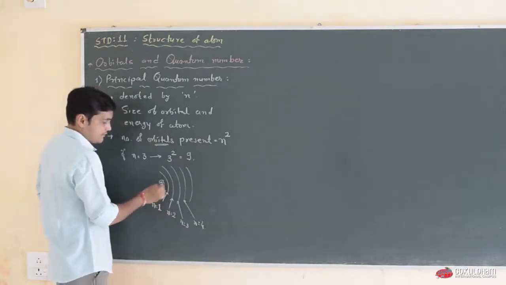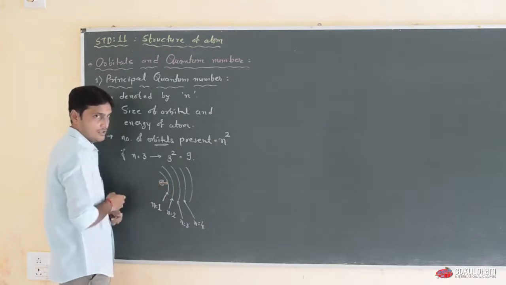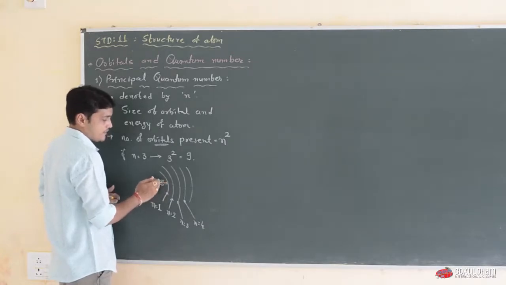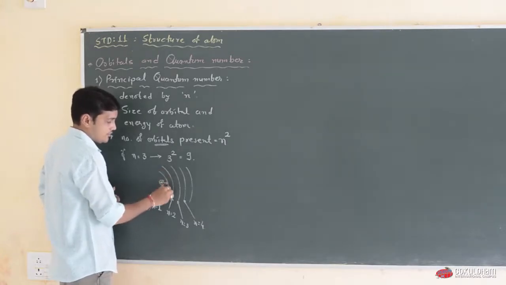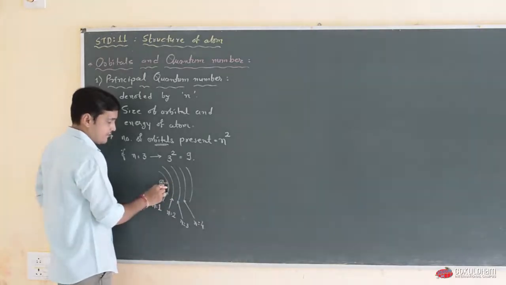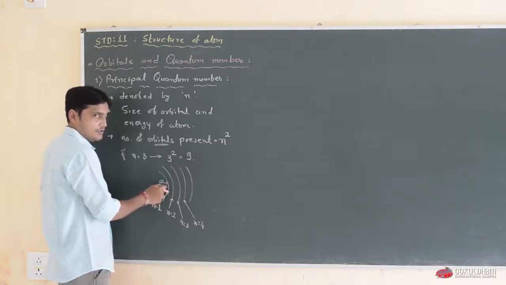The first orbit is very near the nucleus, so the attraction force of the nucleus on a first orbit electron is very high. So we can find the electron very easily near the nucleus.